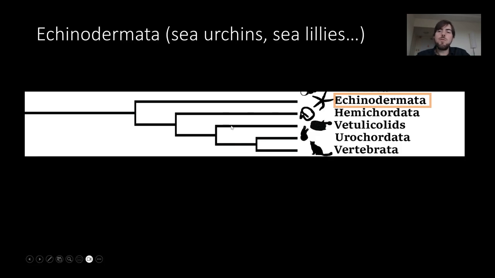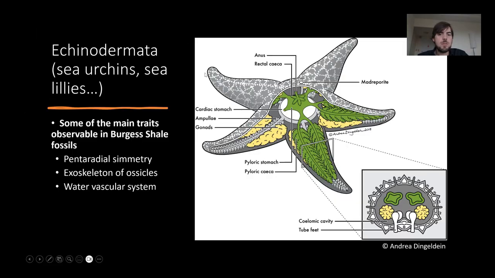So now let's go for more familiar organisms. Let's go to echinoderms. Echinodermata includes sea urchins, sea lilies, starfish, and so on. Echinoderms are quite easy to recognize in fossils and at the Burgess Shale, mainly because some of the characteristics that typify them can also be easily fossilized. One of them is that most echinoderms, not all of them, have some type of pentaradial symmetry. So you can see it's like a star shape.